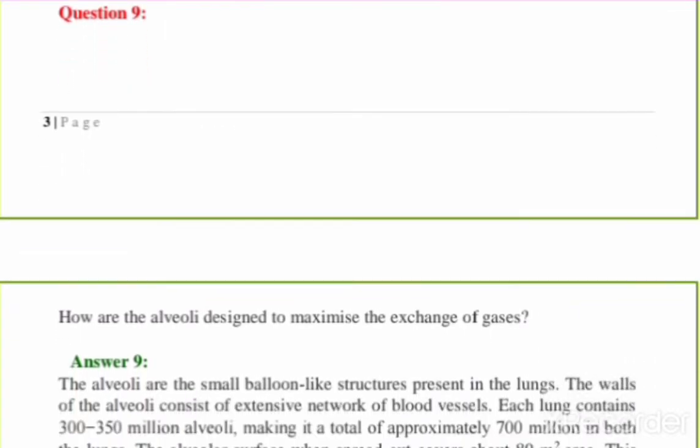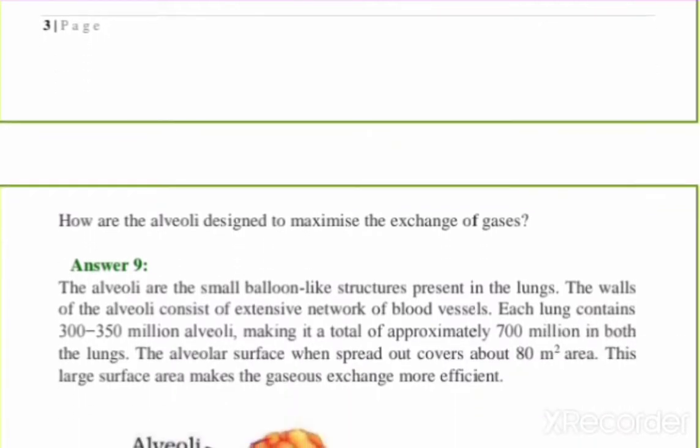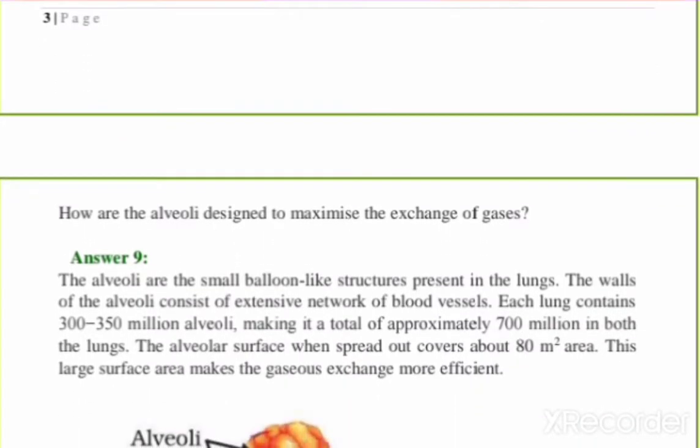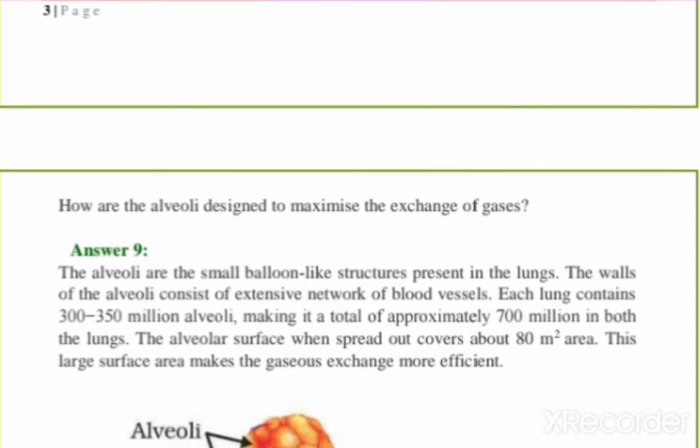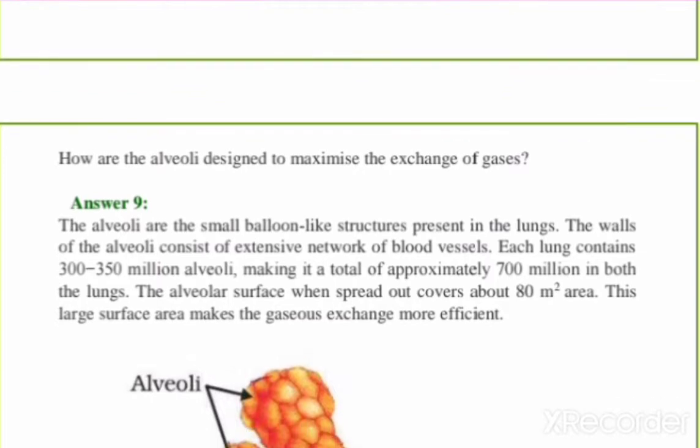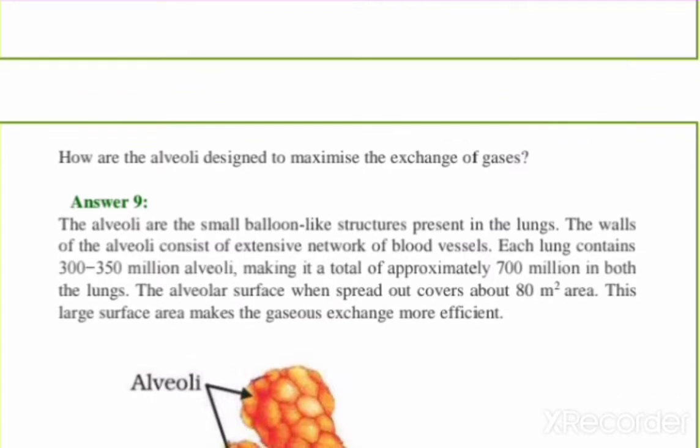How are alveoli designed to maximise the exchange of gases? What is the function of alveoli? It is related to our respiratory system, and it helps to increase the surface area for absorption of more oxygen in our body. It is a balloon-like structure present in our lungs, and the alveoli consist of a large network of blood vessels.